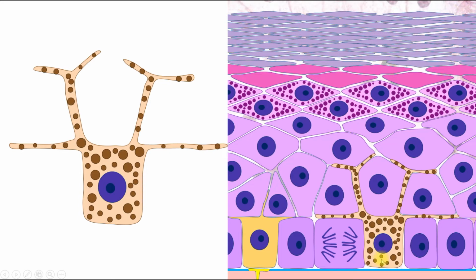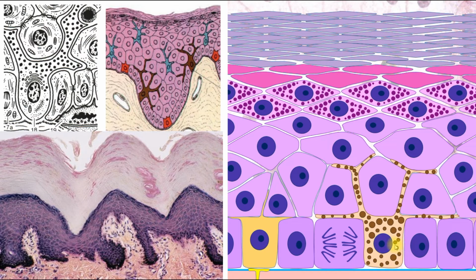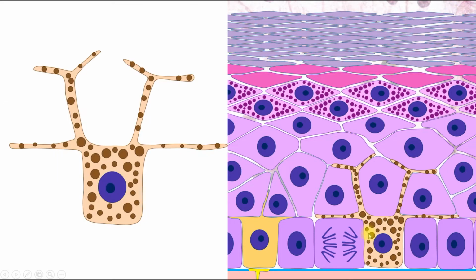And those granules of melanin may be released from melanocyte, and neighboring cells, keratinocytes, can uptake those melanin granules, and they are called melanophores.